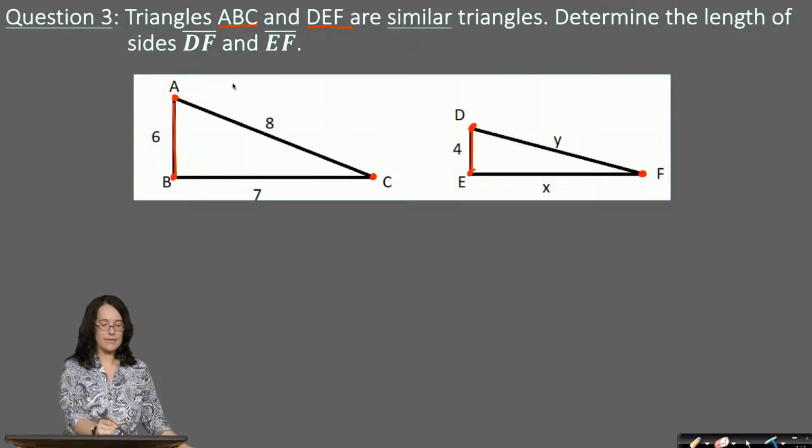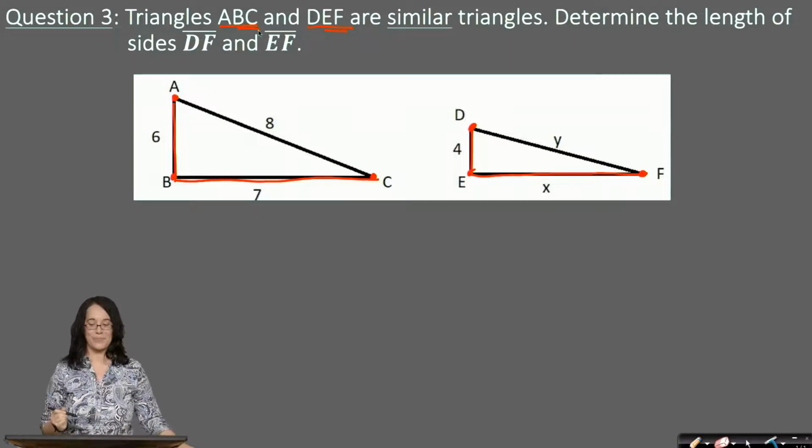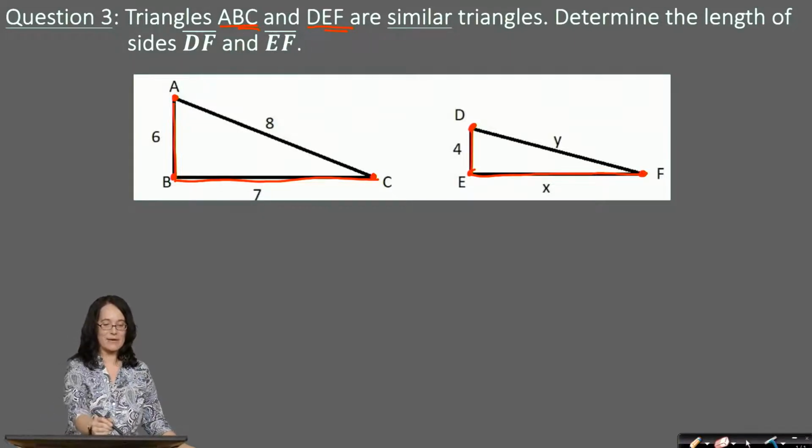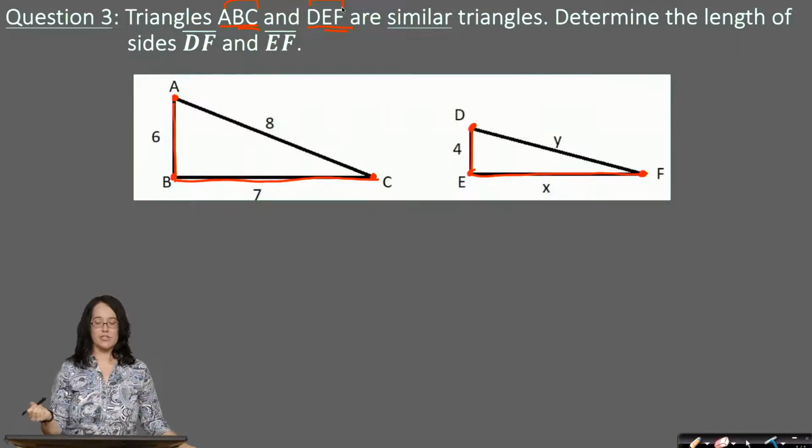Similarly, BC, this longer piece here, is corresponding to EF because of the placement of where it is in the title, okay? And AC, that was your first and your third letter, is similar in placement or corresponding to DF, and you see that here in the picture. There's AC and there is DF. Okay, so that's what we're talking about.